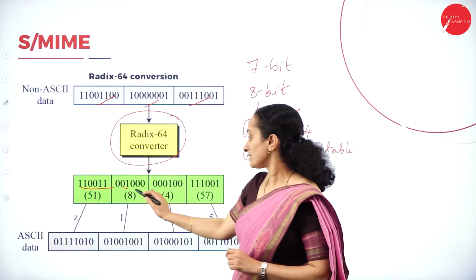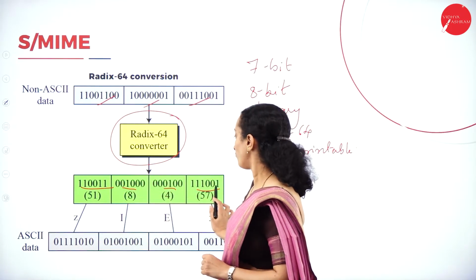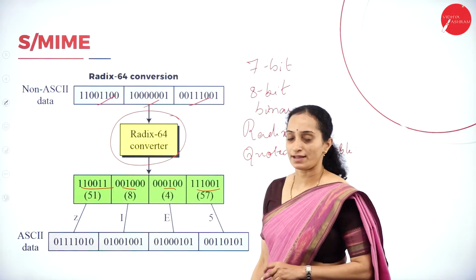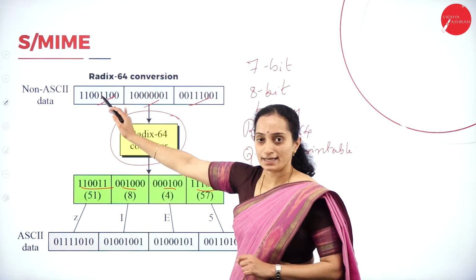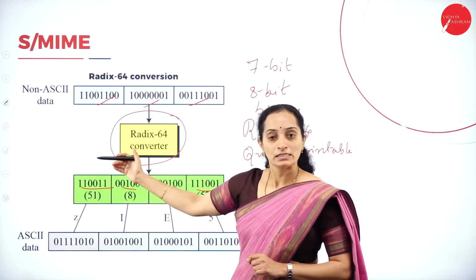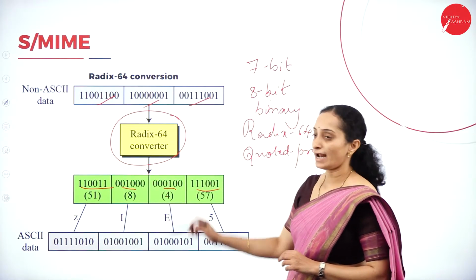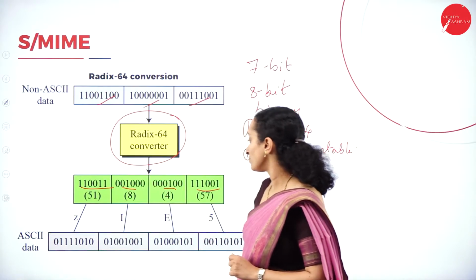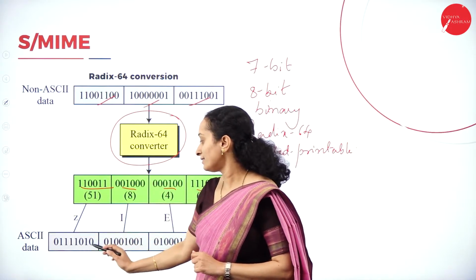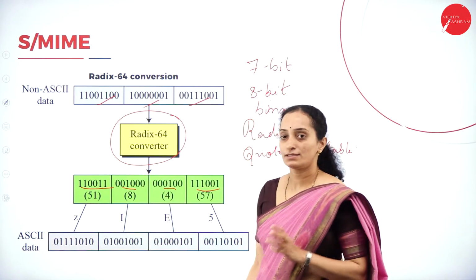We use 6-bit blocks: 51, 8, 4 and 57. So the 8-bit non-ASCII data will be converted to 6-bit ASCII form of data by the Radix 64 converter. Then we are going to add the data with non-zeros to form an 8-bit format.